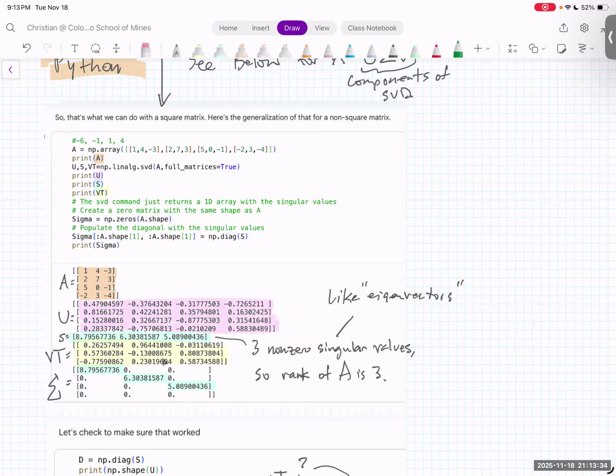Whenever we write sigma, sigma would be a diagonal matrix, with zeros in all the entries except for the main diagonal, being these teal values here, which are the sigmas.